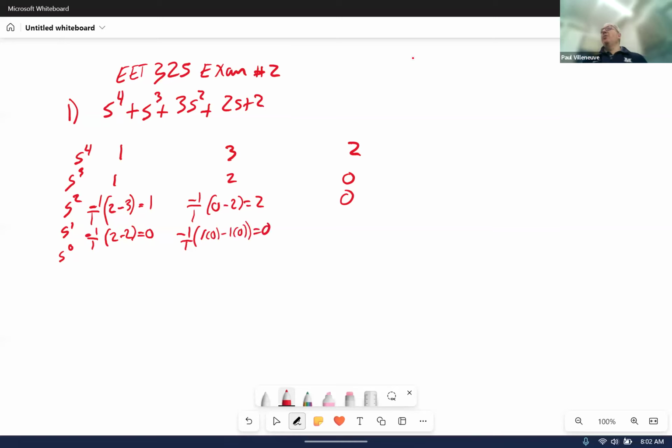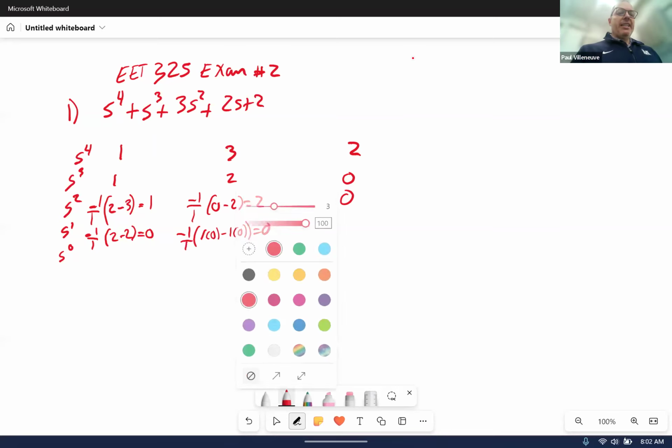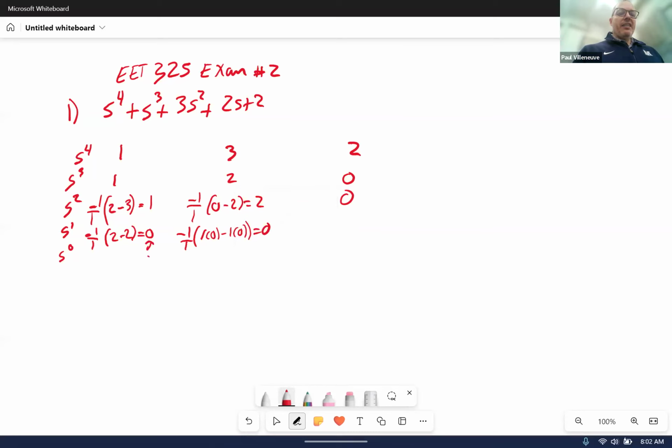So we have 2 zeros in that S to the 1 row. And maybe I should have mentioned this when we were covering the material, but anytime you have an epsilon or a 0 here, that's not going to be correct. The only time you can use this epsilon approach is for S2 and higher, because this number should always be a 0, right? That term should always be a 0.